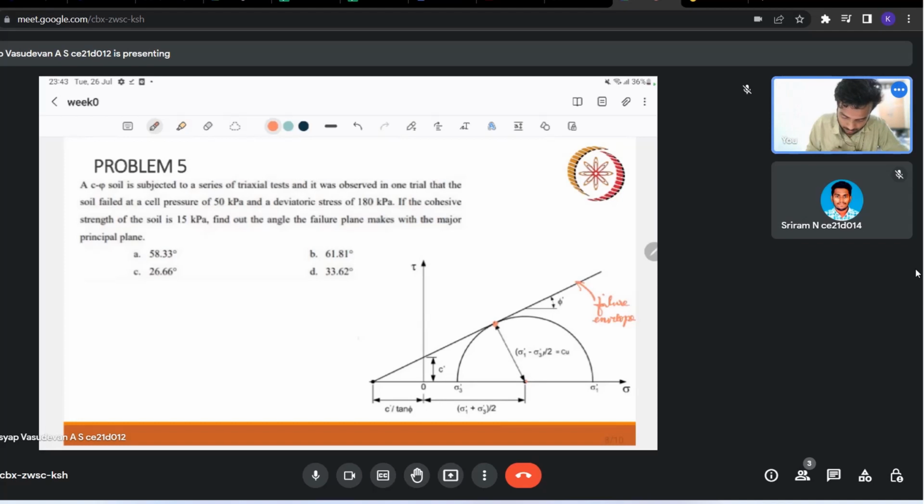And this angle, which the point of tangent makes with the radial line, is represented as 2 alpha.